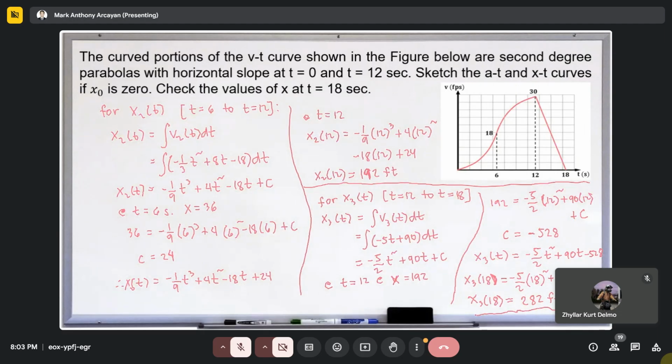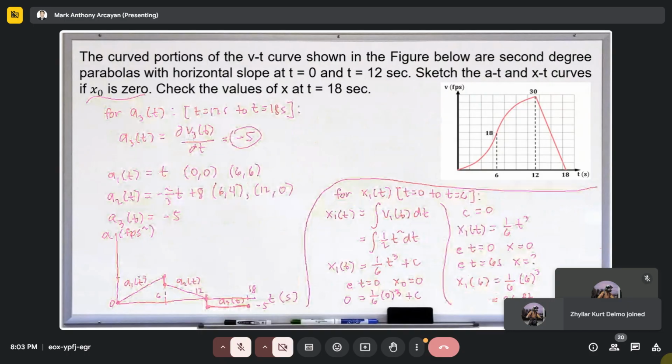By the way, this is the accumulated displacement from t equals 0 to t equals 18. I think we get the correct answer.